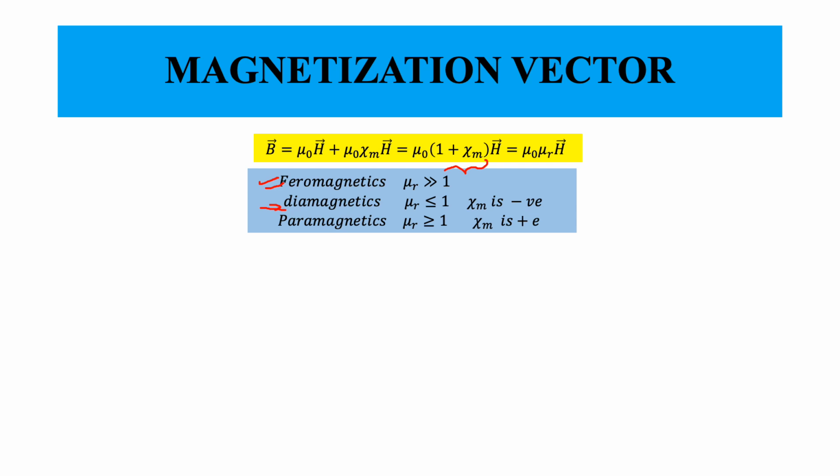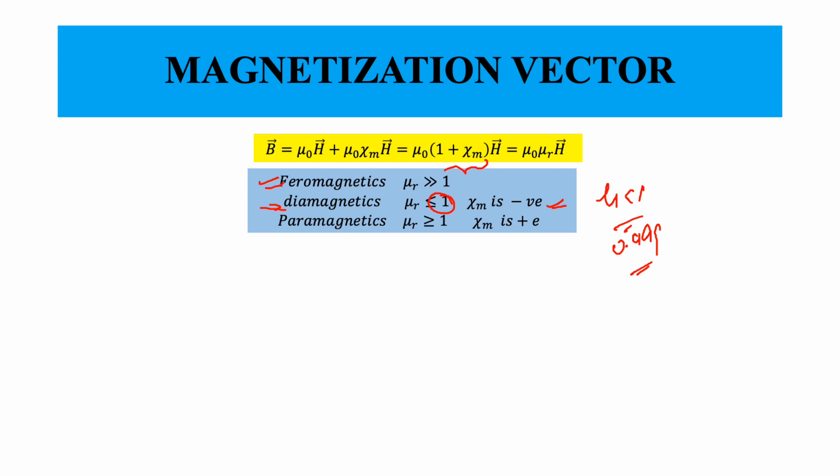Diamagnets are characterized by having a mu r value actually less than but very close to 1. When mu r is less than 1, the susceptibility is negative, but it is very close to 0. So the overall mu r is very close to 1, but slightly less than 1, about 0.999. That would be the value for a diamagnet.